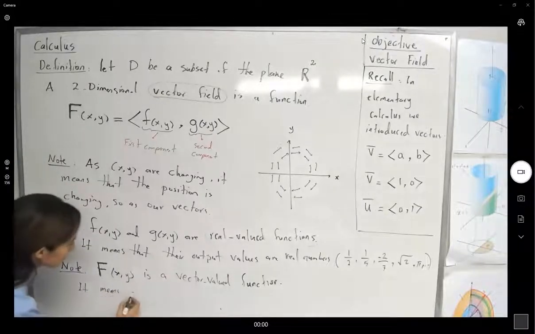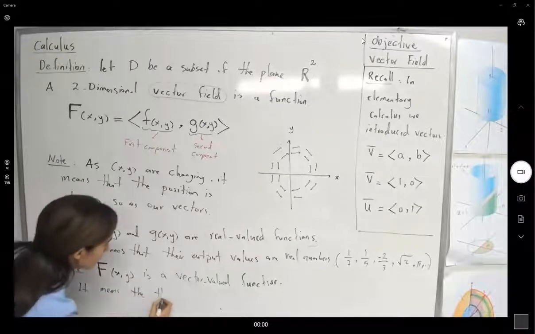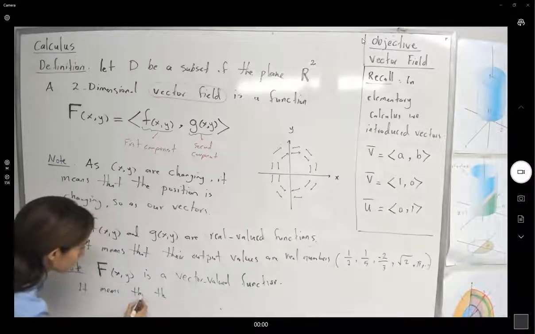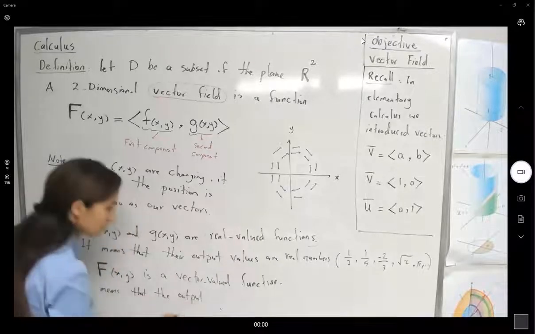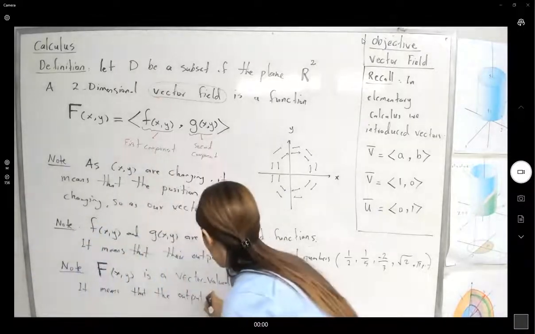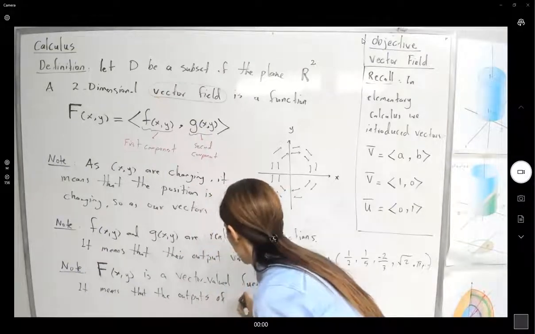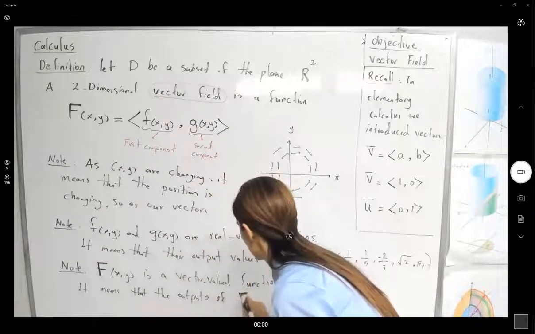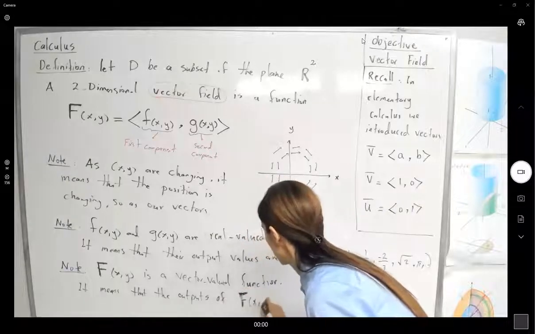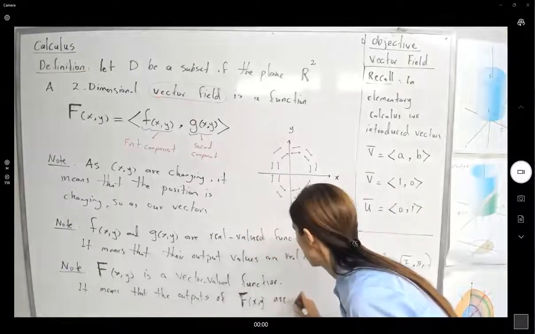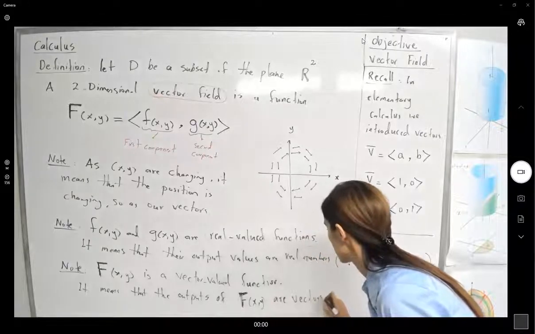It means that the outputs of the bolded F of x and y are vectors.